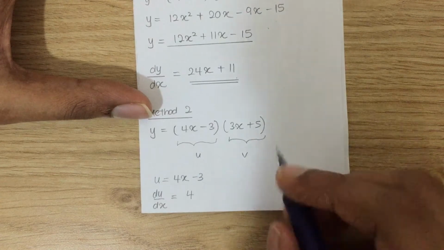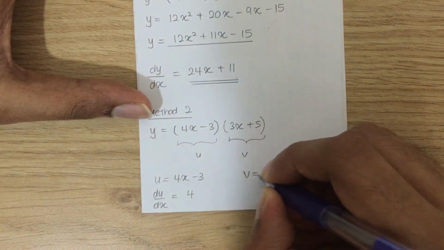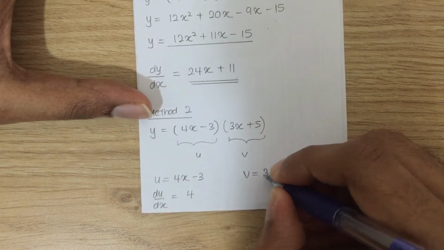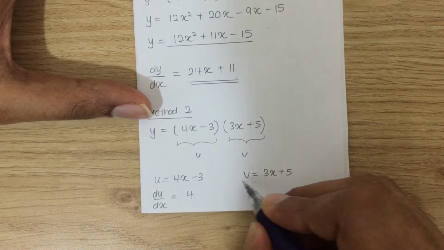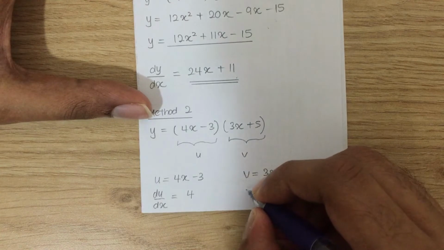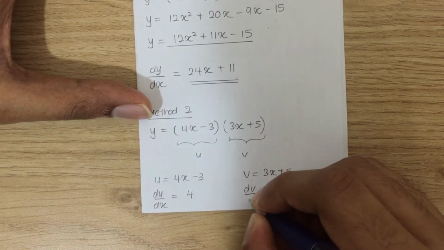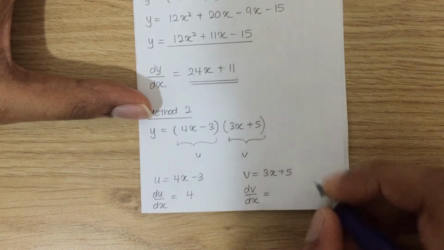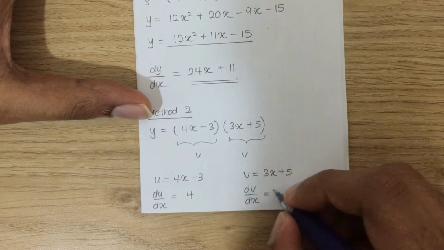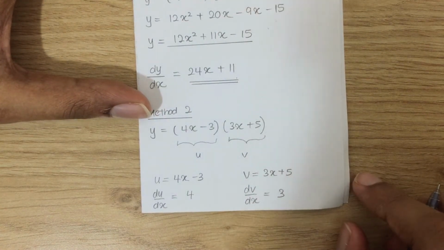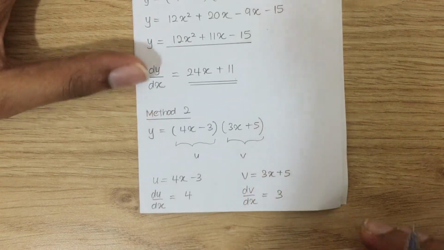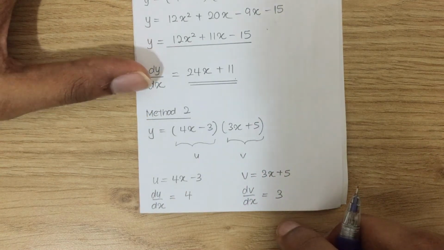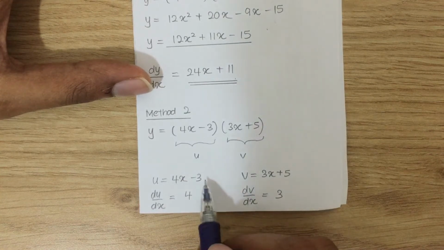Let us focus on the v now. Okay, in this case your v is equal to 3x plus 5. So now you differentiate the v with respect to x. Okay, dv over dx. When you differentiate this equation, you get 3. Okay, so I hope you guys are clear up until now. So for the next step, I'm going to cross multiply this.